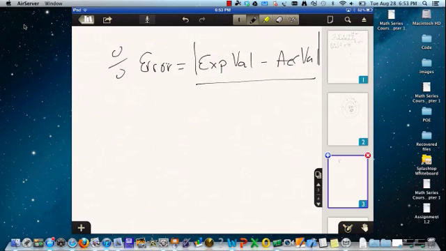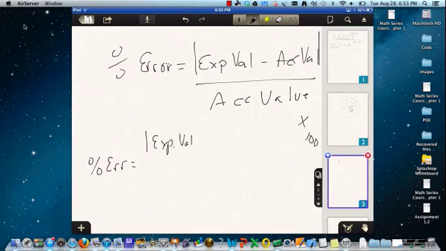And we divide by the accepted value, and then multiply by 100 to get a percent. So let's rewrite it. Percent error is going to equal the absolute value of the experimental value that you found minus the accepted value that you find from reference, divided by the accepted value, times 100. That's how I figure out the percent error.